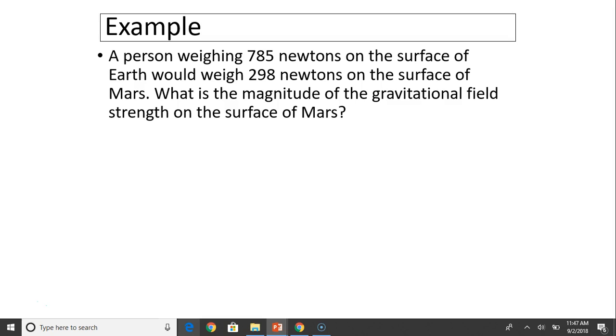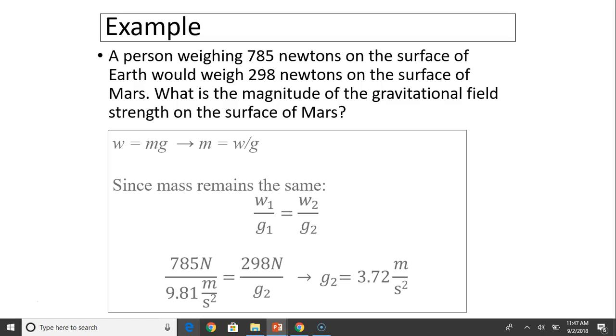A person who weighs 785 newtons on Earth's surface would weigh 298 newtons on the surface of Mars. What is the magnitude of gravitational field strength on the surface of Mars? All right, so let's see. What doesn't change is the mass. So weight equals mg, mass equals weight over g.